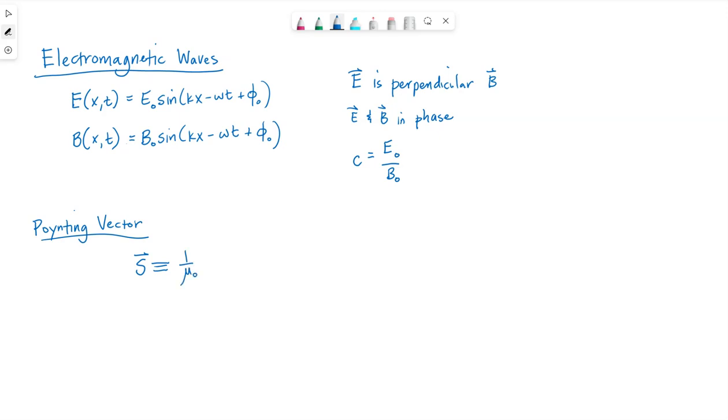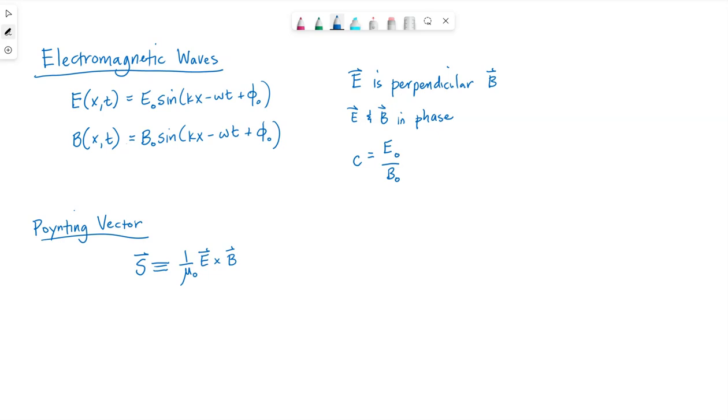The Poynting vector is equal to 1 over mu naught, the constant we saw a lot with magnetism, times this quantity of the electric field crossed with the magnetic field.